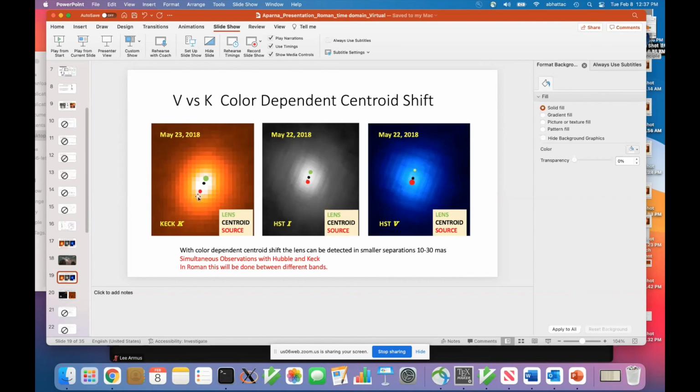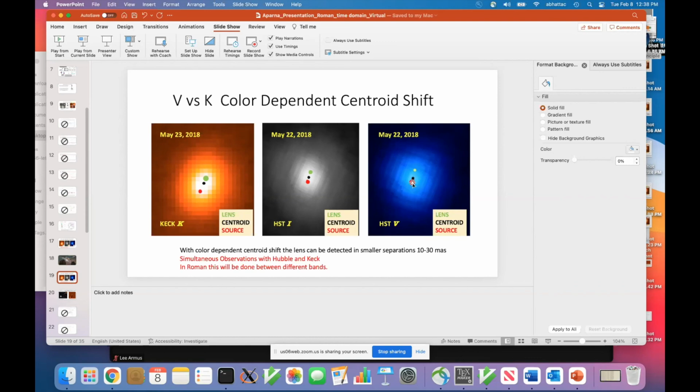We can distinguish the two stars because the centroid of the two stars seems to be moving. In this case, the centroid is closer to the lens because the lens seems to be even redder in the red pass band, whereas in the blue pass band the lens is fainter, and the source, because it is bluer, seems brighter.